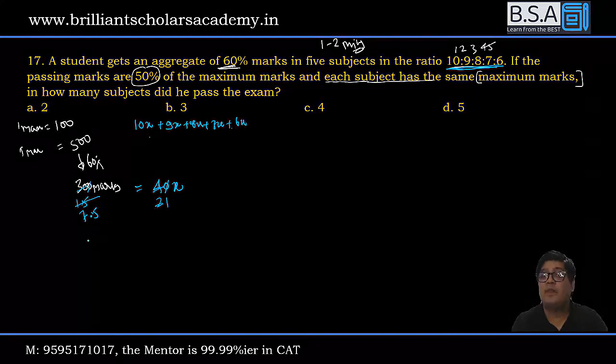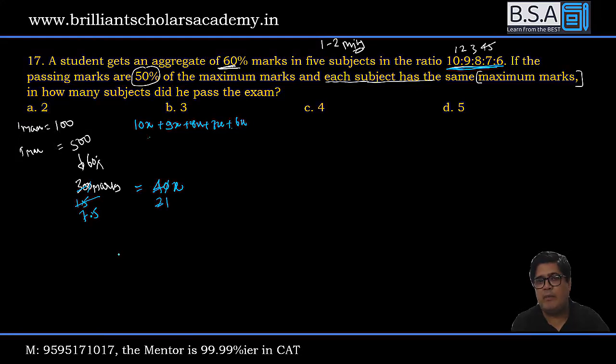7.5. So if multiplying term is 7.5, the first score becomes 10 into 7.5, 75. Second becomes 9 into 7.5. Can I say 9 into 7 is already 63 से ऊपर? 9 into 7.5. That is the multiplying factor. 8 into 7.5, that is 7 into 8, 56.